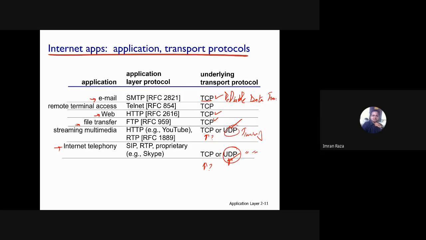So whatever application we develop at the application layer, at the transport layer we'll be using either TCP or UDP. If I want to implement an email application, I'll be implementing an application layer protocol known as SMTP, Simple Mail Transfer Protocol, and its details are given in RFC 2821.